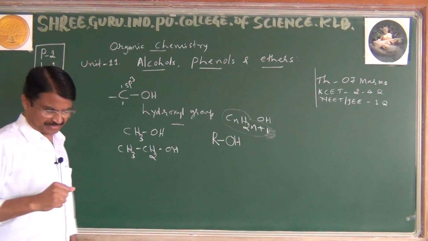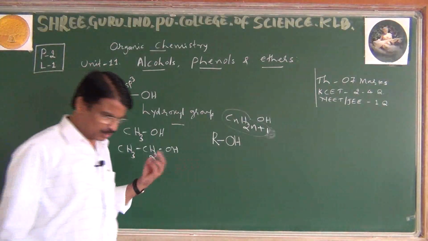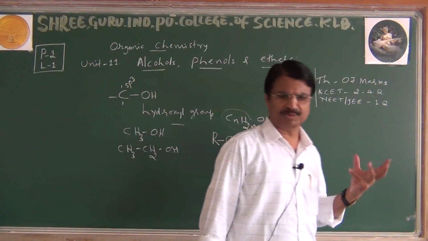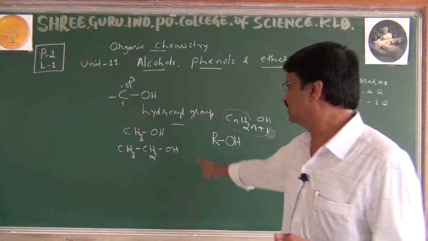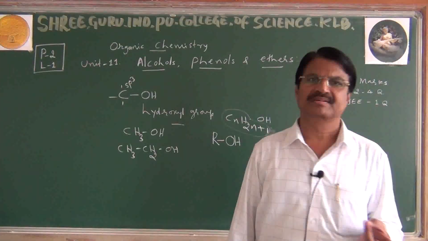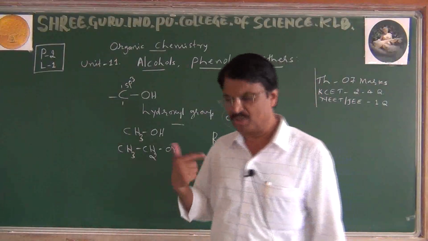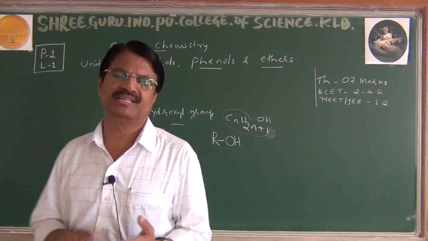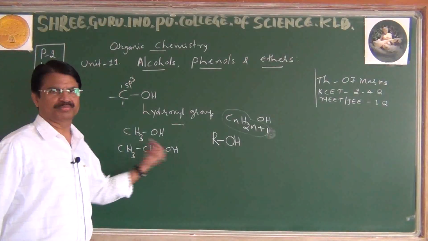Similarly, you can take other examples, like alcoholic beverages. Have you heard about alcoholic beverages? Beer, brandy, whiskey contain ethyl alcohol. Ethyl alcohol is used in the manufacture of alcoholic beverages such as beer, brandy, whiskey, and they contain the hydroxyl group.